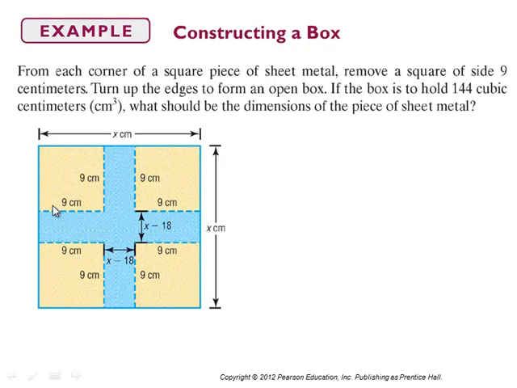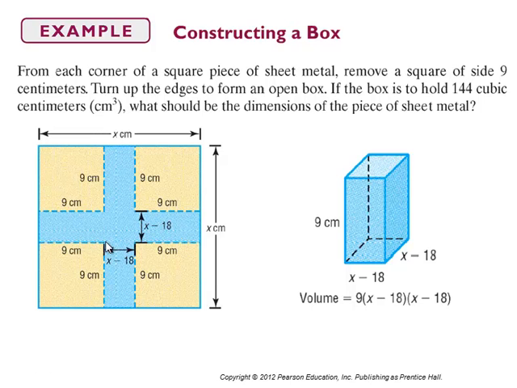Suppose that we have a piece of metal and it's square, but we want to have the dimensions of the square piece of metal so that when we cut out these corners, 9 centimeters by 9 centimeters, in the four corners like you see here, cut out these yellow squares right here, then we could use the blue piece of metal, bend those blue pieces along each of these adjacent corners here, so that it forms a box.